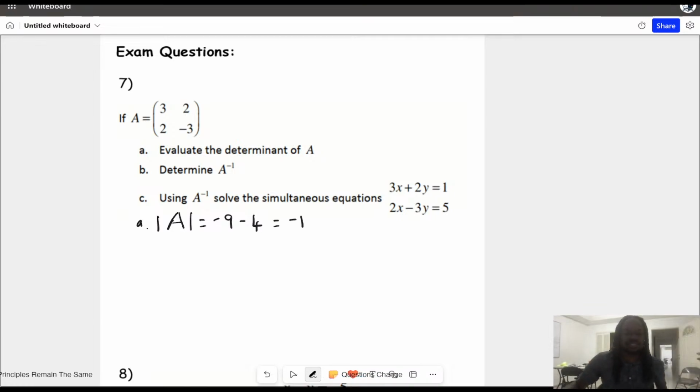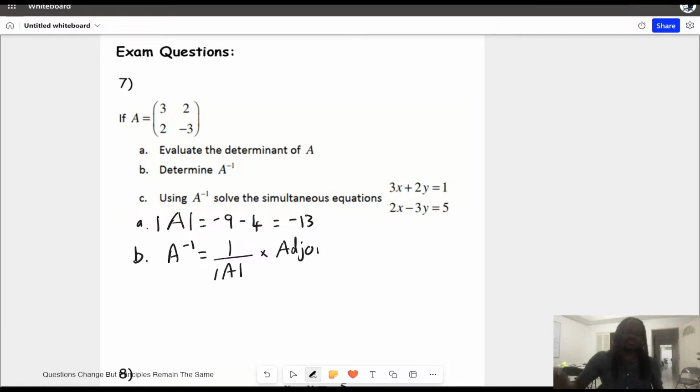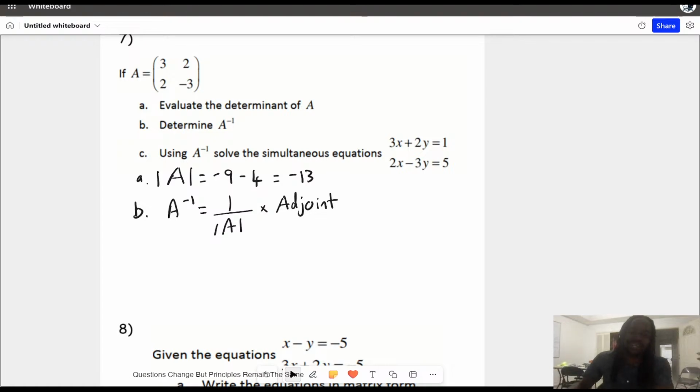Alright. Question B. It says determine A inverse. So we now want to find A inverse. It's all about our formula. Do you remember the formula for A inverse? Yes, we should. The formula for A inverse is 1 over the determinant, and then we multiply that by the adjoint.